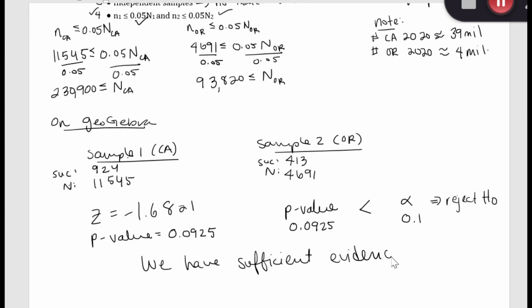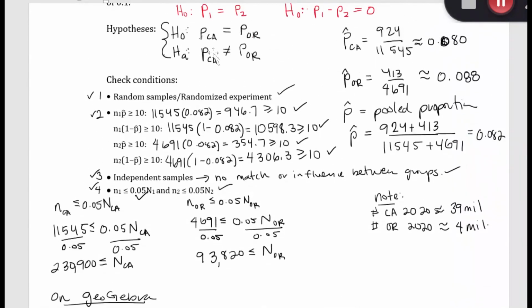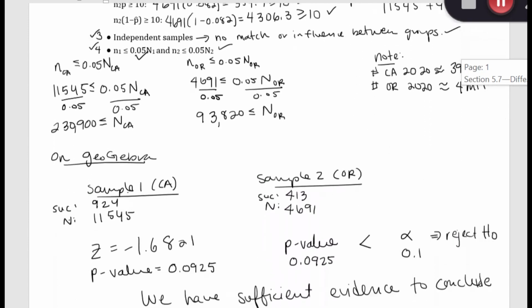evidence to conclude that HA was true. Remember, HA being true means that the proportion of those who are sleep deprived in California is different than the proportion that are sleep deprived in Oregon. So we have sufficient evidence to believe that that is a new true standard.